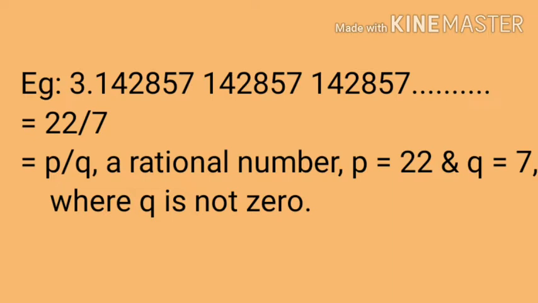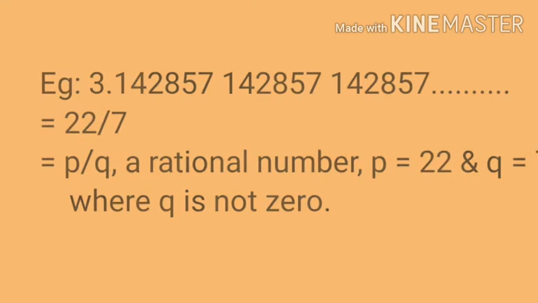Now, did you learn, children, why a non-terminating and repeating decimal number is a rational number? Because this can be converted in the form of P by Q. Okay? To understand this concept perfectly, you should have the idea of converting a non-terminating and repeating decimal in the form of P by Q. If you don't know, learn it.